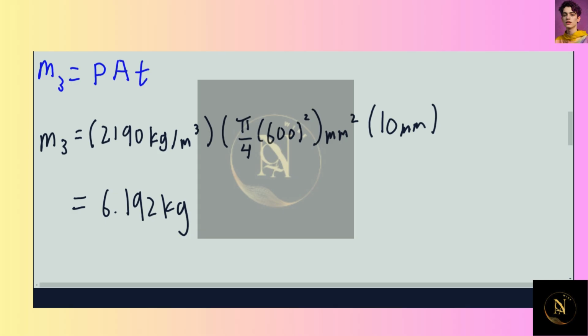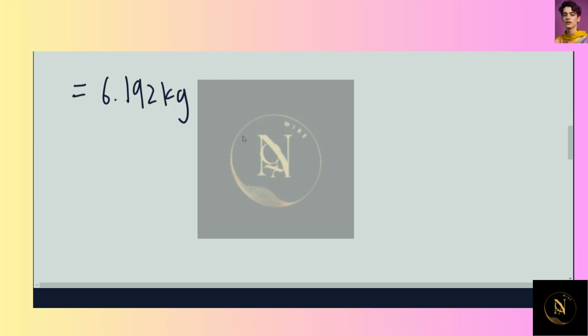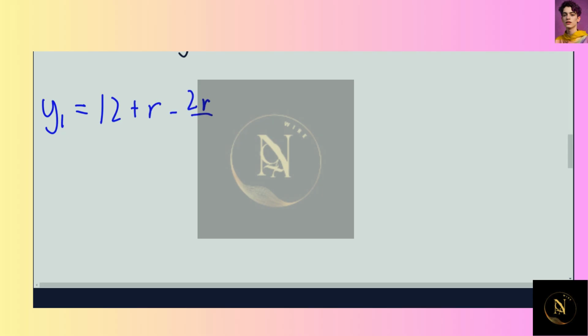And so next, we need to find the center of gravities on the y-axis for those different areas 1 through 3. And so we're going to start with y1. So y1 is equal to 12 plus r minus 2r over pi.